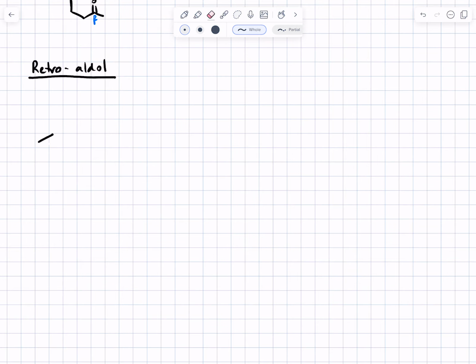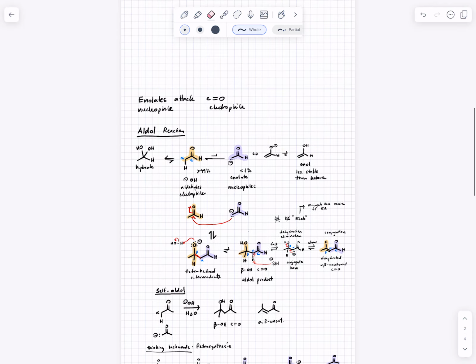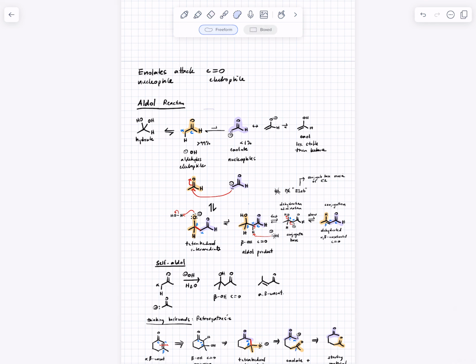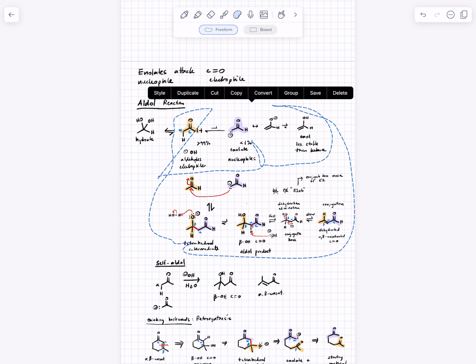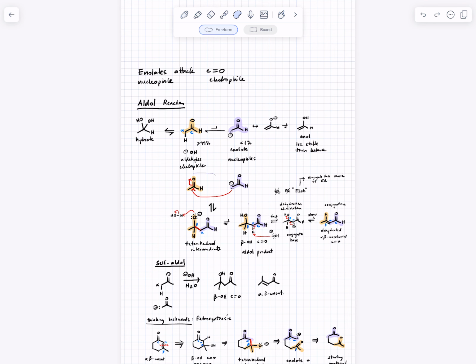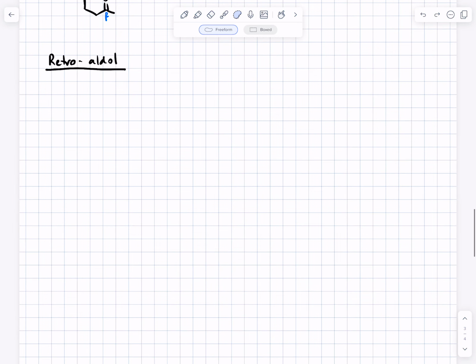What I'll do is we'll let our retroaldol mechanism be informed by the forward mechanism.